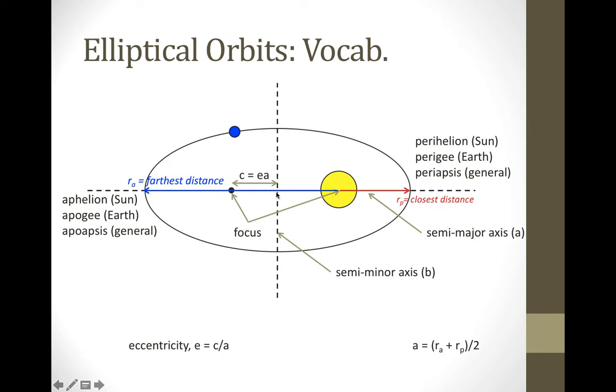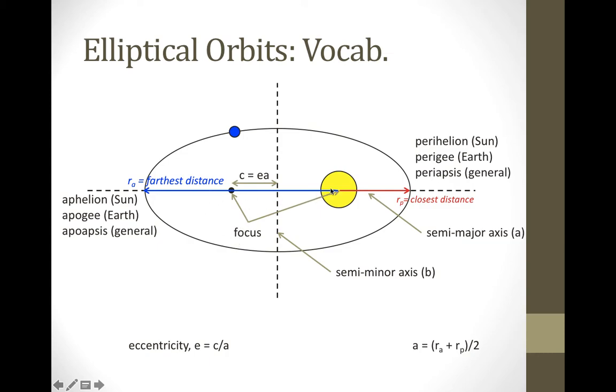If it's an ellipse, that means the two foci are not at the center of the ellipse, they're off center, hence this is called the eccentricity. And the eccentricity is equal to the ratio of the distance from the center of the ellipse to the focus, over the semi-major axis. So C over A is the eccentricity, or C equals E times A, with E being the eccentricity. So those are the basic terms we use to describe just an ellipse.